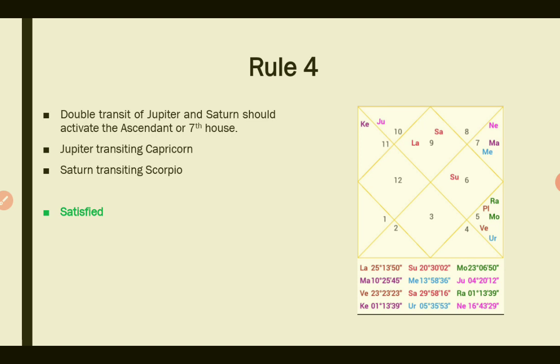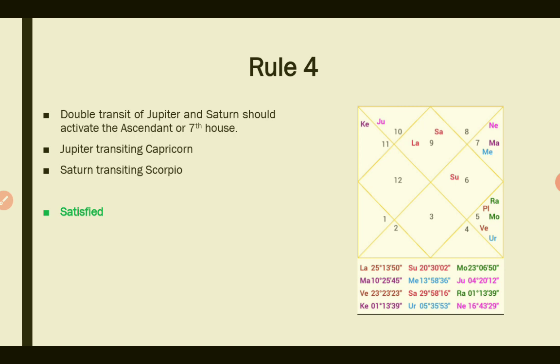Now let us move to rule 4, which has to do with the double transit of Jupiter and Saturn. This rule states that both the transiting Jupiter and the transiting Saturn should be connected to the ascendant or the 7th house. We know that Jupiter was transiting in Capricorn and Saturn was transiting in Scorpio.